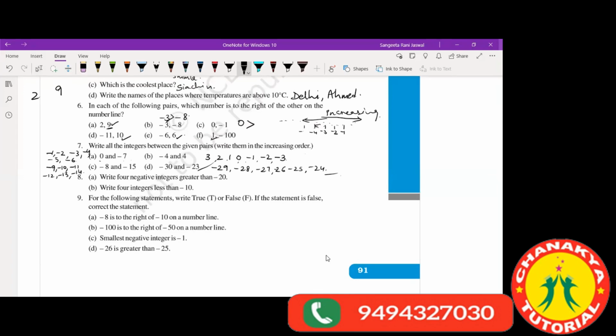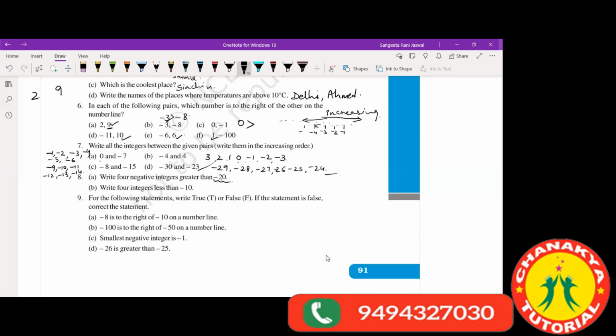Okay. Write 4 integers greater than -20. Now, who will tell me 4 integers greater than -20? Adya, you tell me this. Unmute and say. Integers greater than -20.